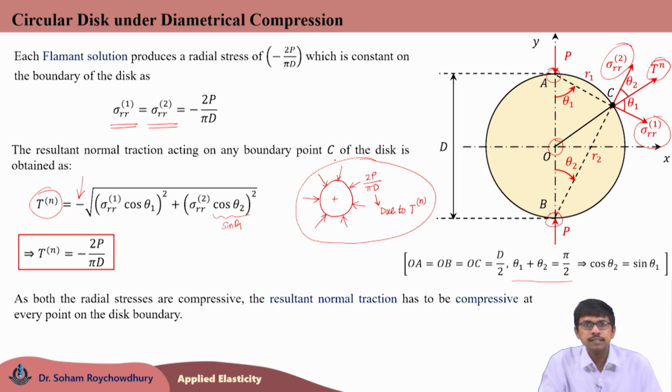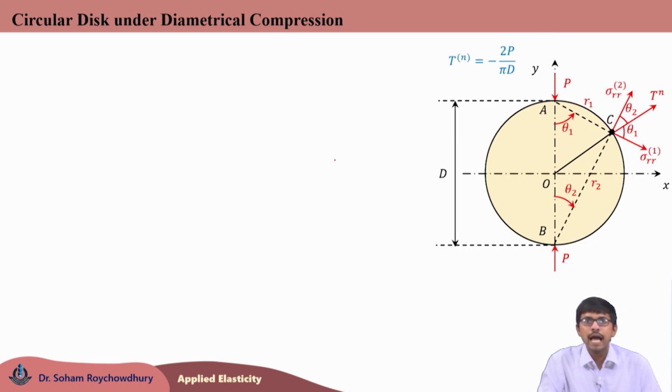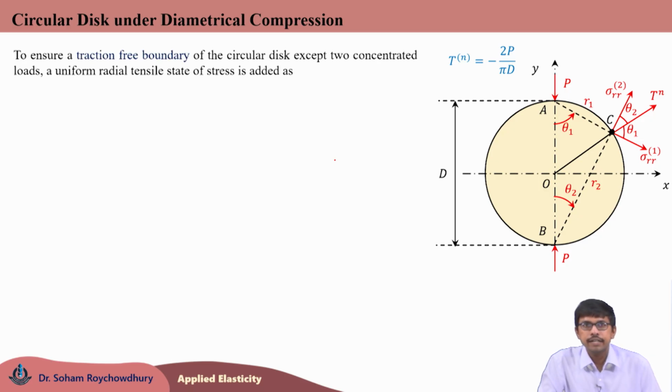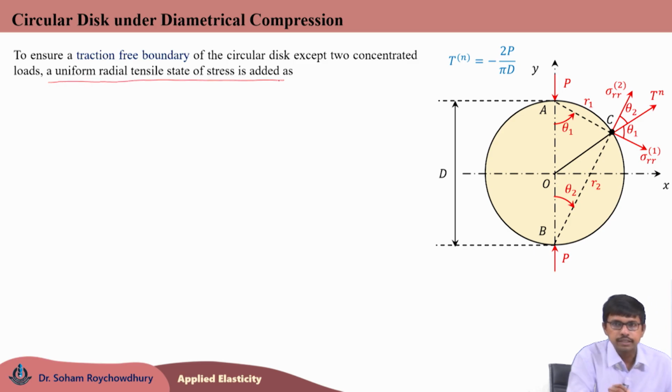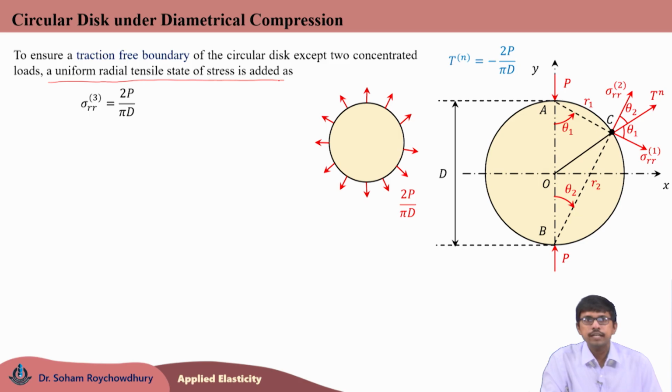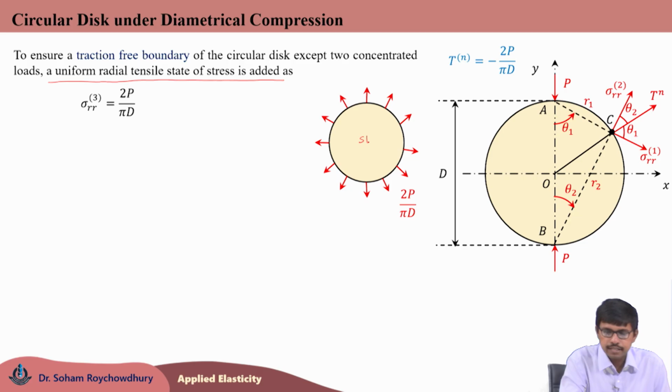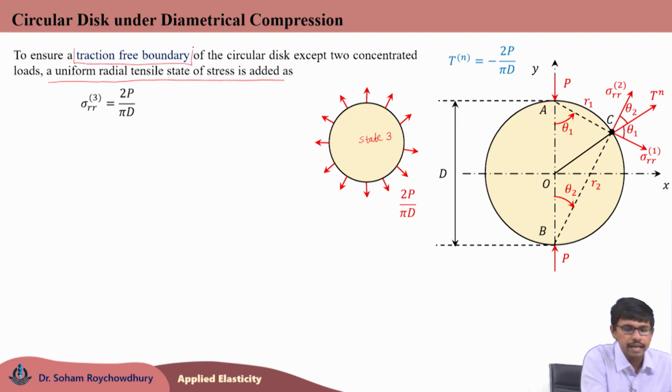So, both the stresses are compressive in nature, resulting in a normal traction being compressive with magnitude 2p by pi d over the entire boundary of the circular disc, and to remove this we are adding a third state of stress, which is a uniform radial tensile state of stress with sigma RR3 equal to 2p by pi d. So, this third state of stress is added with the two Flamant solutions, with which we can ensure the traction free boundary for the entire disk.